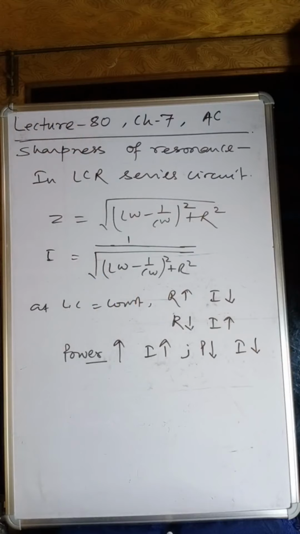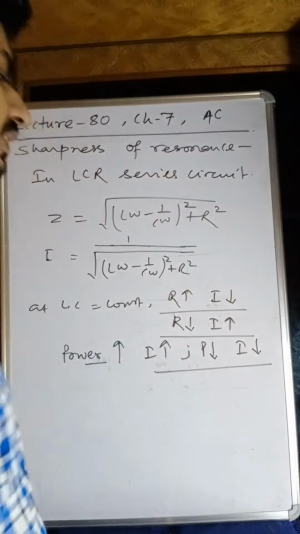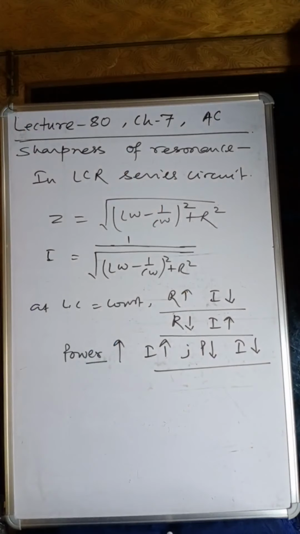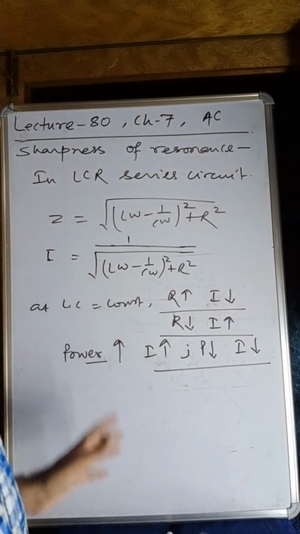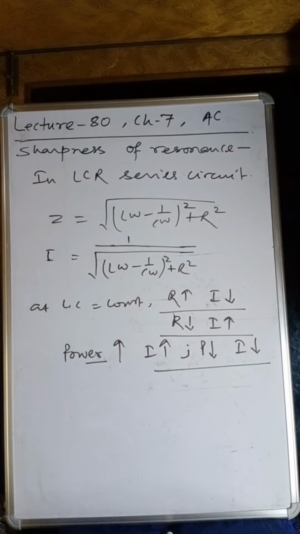Okay, my dear students, this particular concept we will use to study the resonance graph. Although I have discussed it very clearly in the last lecture, those students who have not attended my last lecture, kindly go back and see the last lecture and then come to this one. Then you will be able to understand clearly.